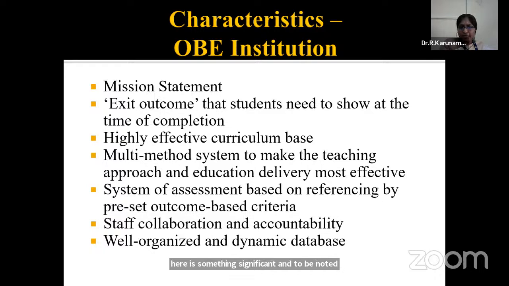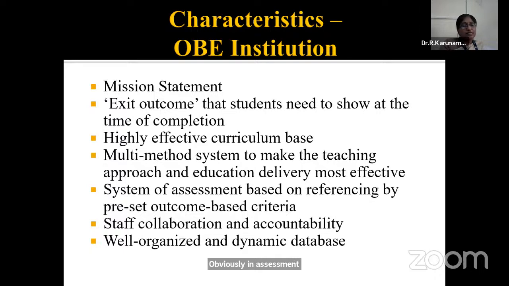This freedom helps teachers frame the right kind of strategies and adopt the right kind of methodologies to implement the course lessons in the classrooms. Classroom delivery becomes better in the hands of the teachers when they apply a multi-method system.